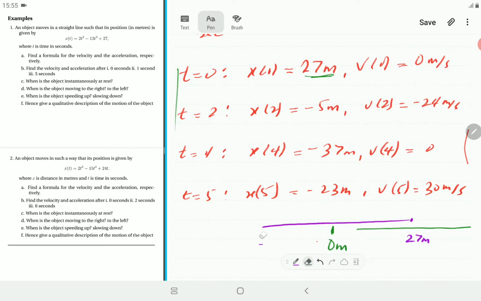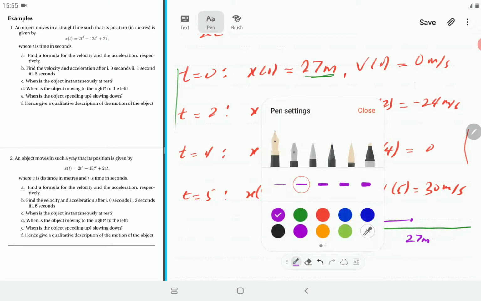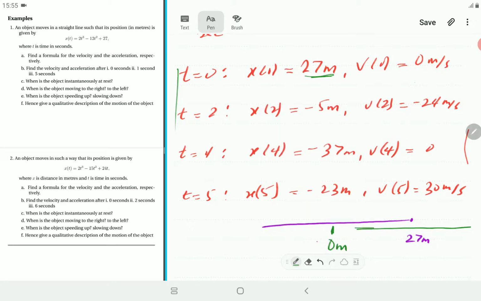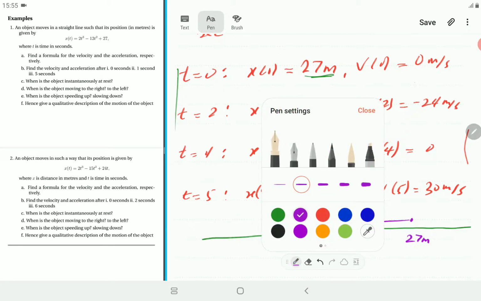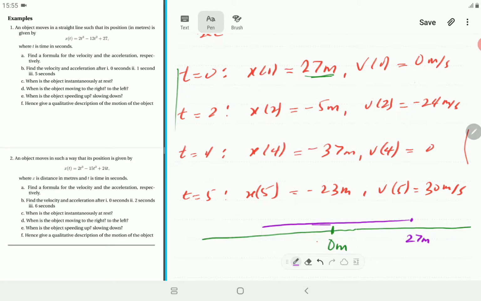So after 2 seconds it is located 5 meters to the left of the origin, at which point it starts slowing down.